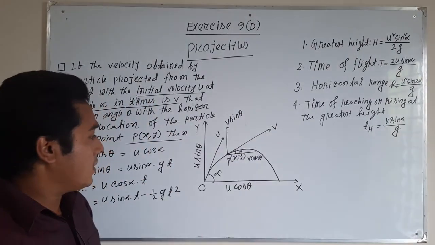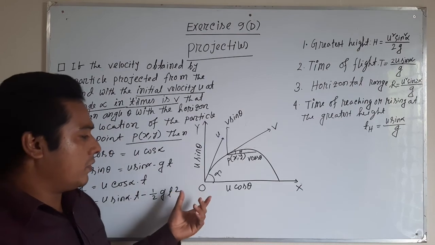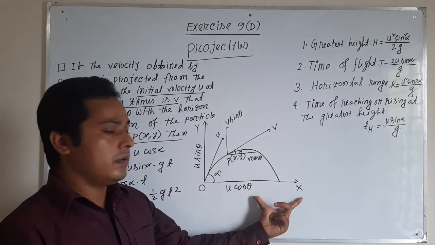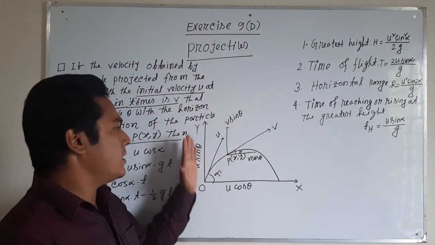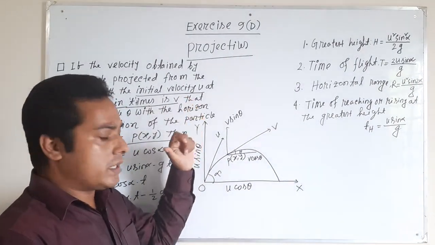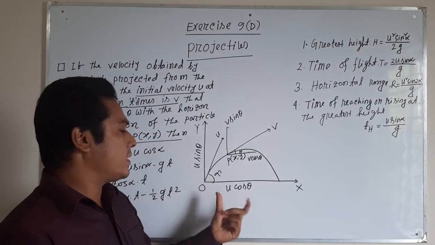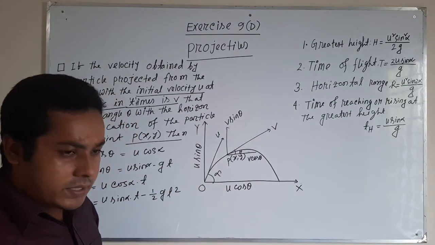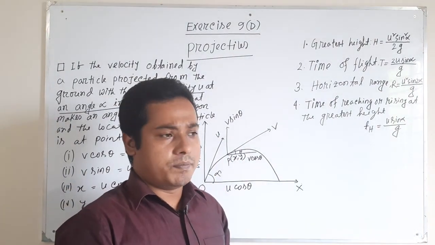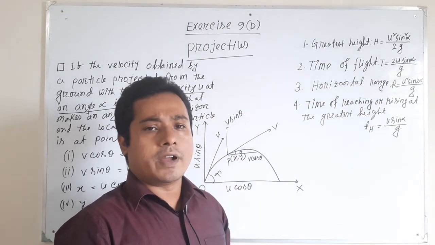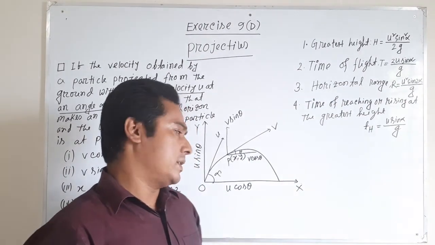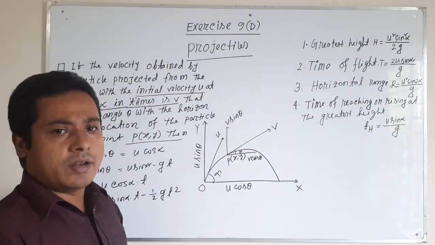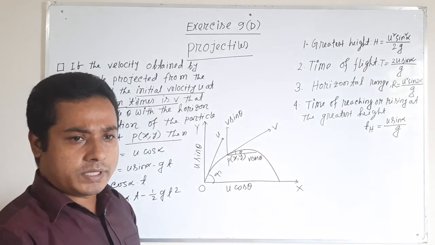If you throw the particle, we have to consider two frames: one is the horizontal line and the other is the vertical line. Any velocity has to be considered along these two lines. You already know what the resolved part of a velocity is: the velocity multiplied by the cosine of the angle with respect to the line.